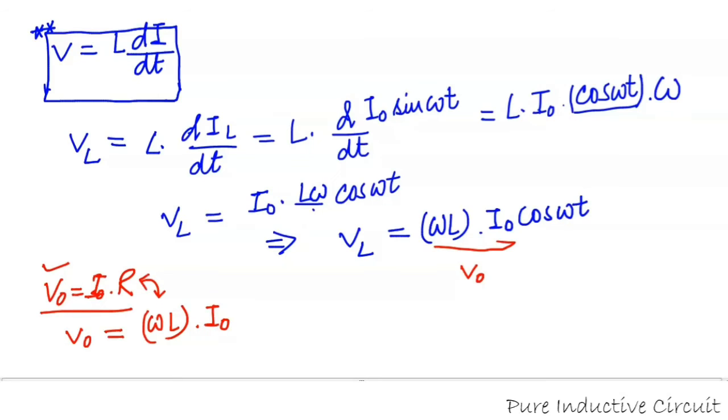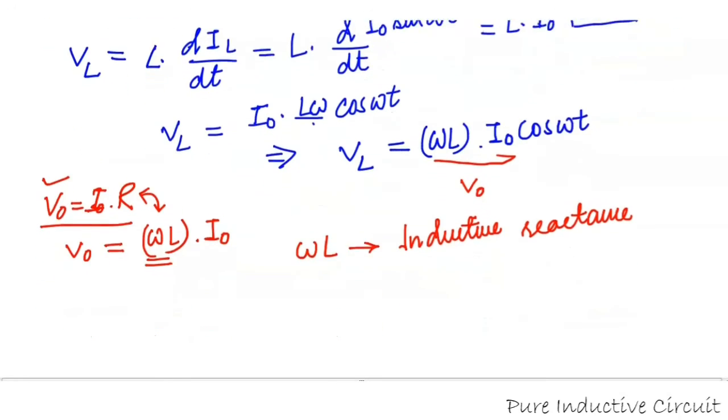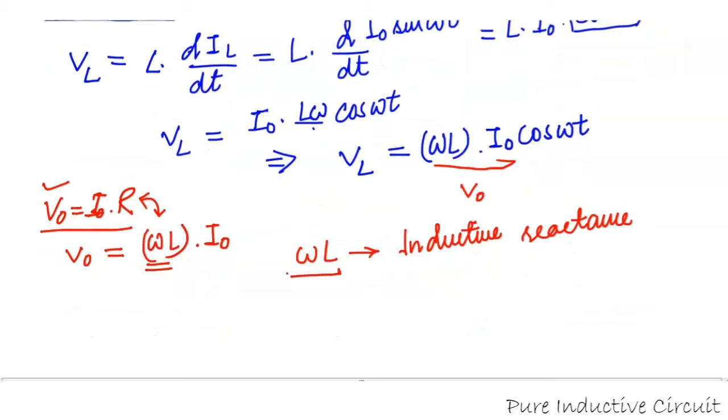So, in an inductive circuit, we can say that omega L is the inductive reactance. This has a special name, inductive reactance, having the same unit as resistance. So omega L we can say as X of L. This is the general convention.